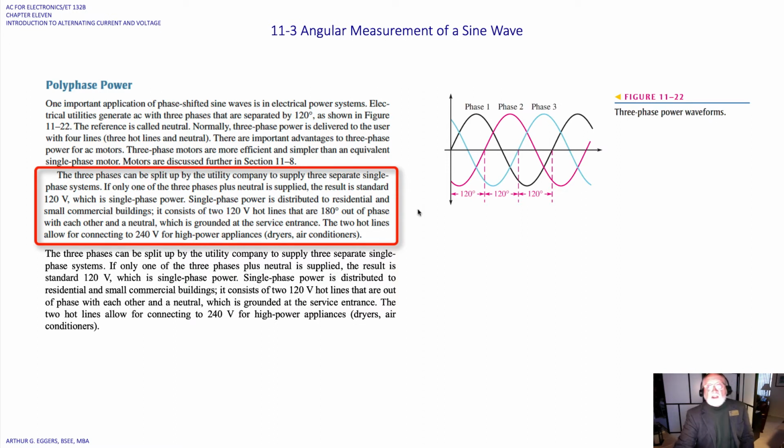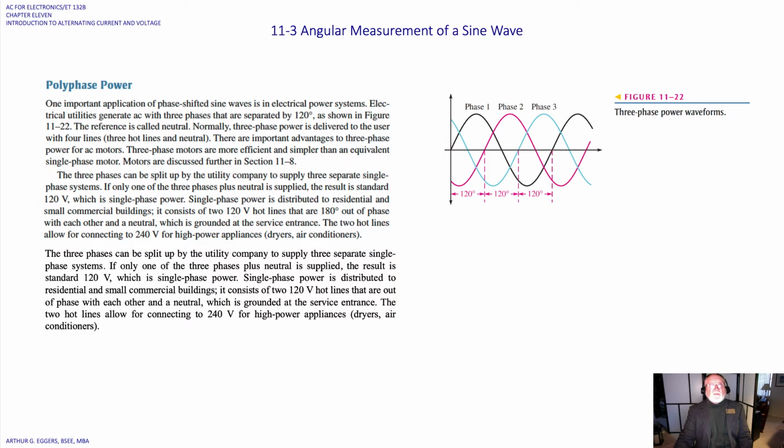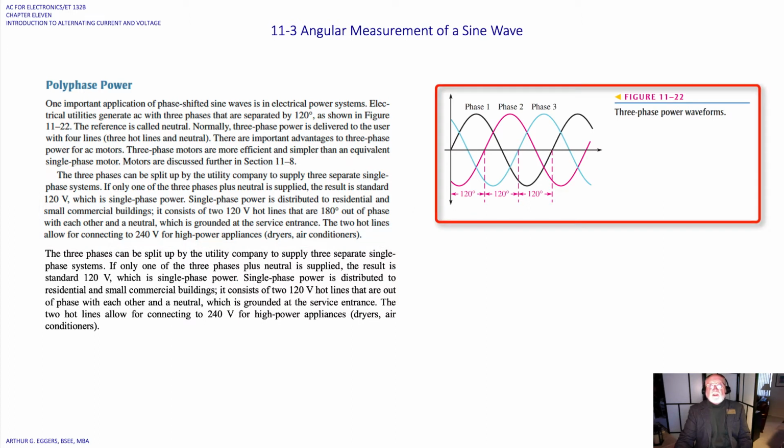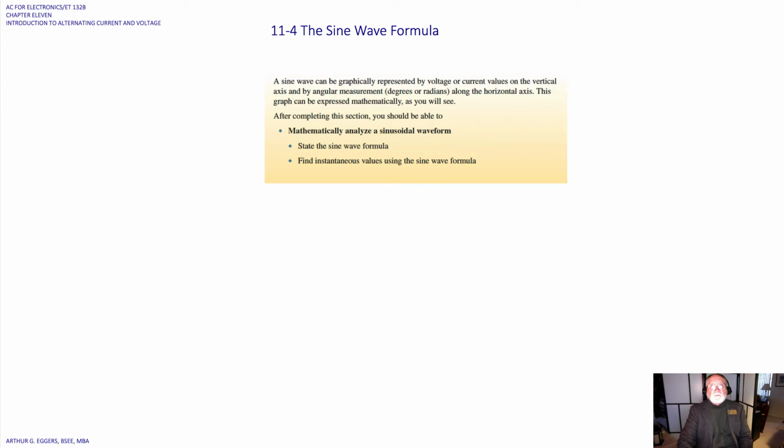So anyway, this is just giving you a depiction of what the three-phase system looks like in terms of phase shifted sine waves. We'll get back into that and more later on. I think you had an introduction to that in your DC course right at the end. So we'll see that later.